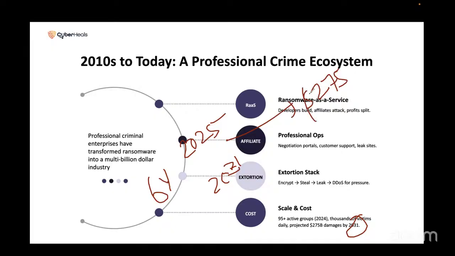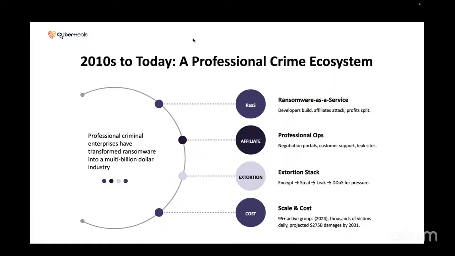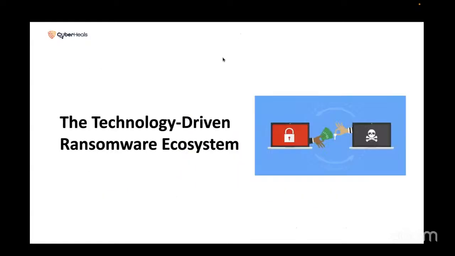Is that right? $275 billion. This is the industry. That means probably mine and yours are also included as part of this. So that is a challenge for you.